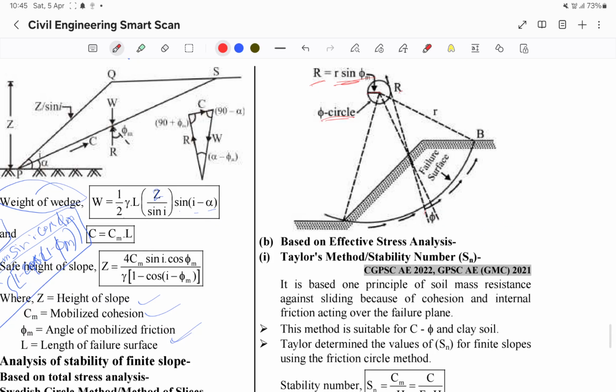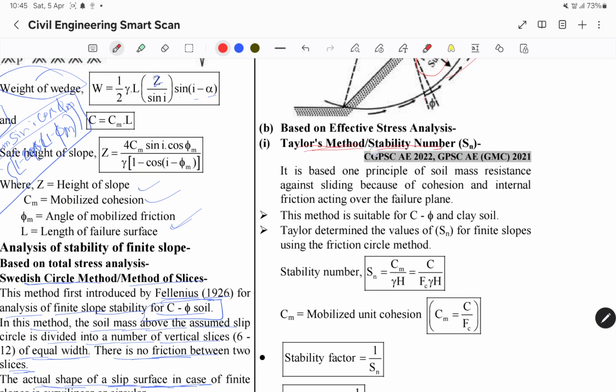Based on the effective stress analysis, Taylor's method of stability number. It is based on the principle of soil mass resistance against sliding because of cohesion and internal friction acting over the failure plane.